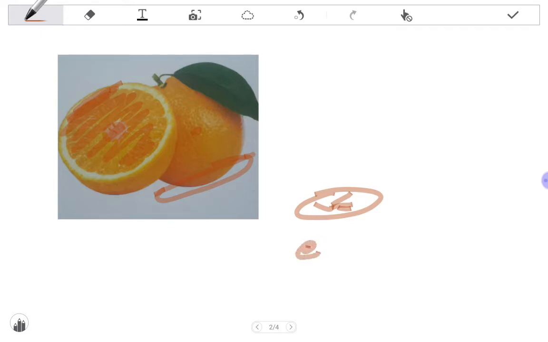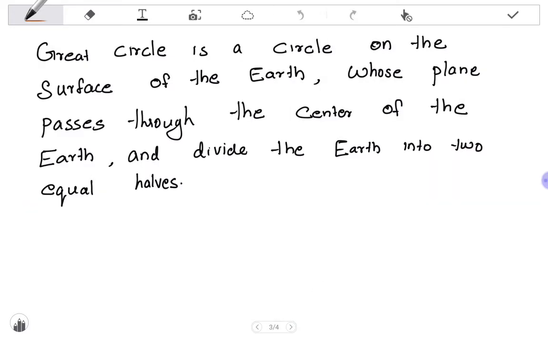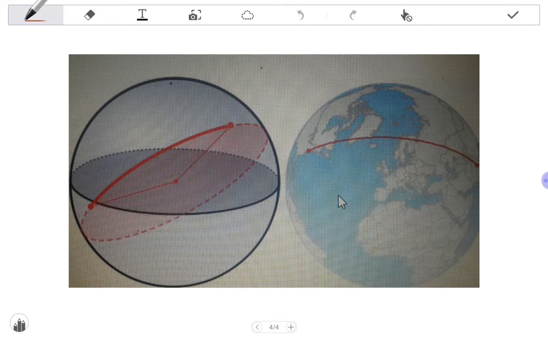Similarly, on the surface of the earth, if you draw a circle like this around the earth, each circle has its own plane, correct?